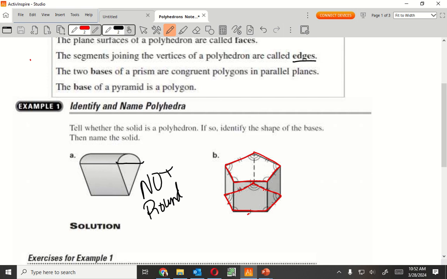So, since it's going straight up from there, it's a pentagon that is tall. So just think of it like that. It's a pentagon that just goes straight up from there. So this one would be a pentahedron or pentagon, by the shape of the bases.